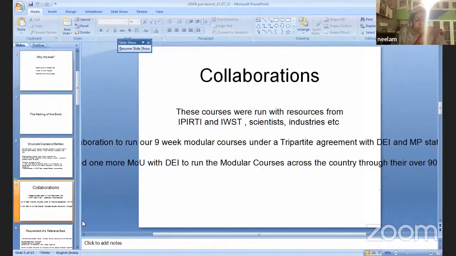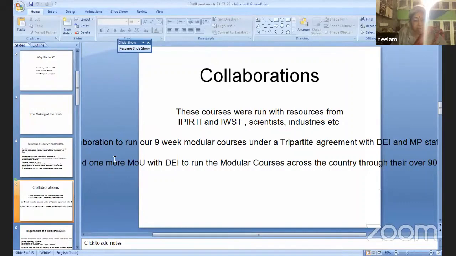The tripartite agreement with MP Bamboo Mission was only for Madhya Pradesh. But for the whole of the country, Dalbagh Educational Institute had more than 90 study centers, and they wanted to run it in as many centers as possible to take bamboo further. So we had another MOU with DEI in 2017.